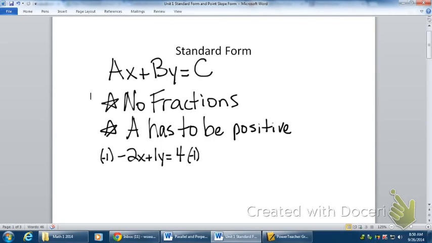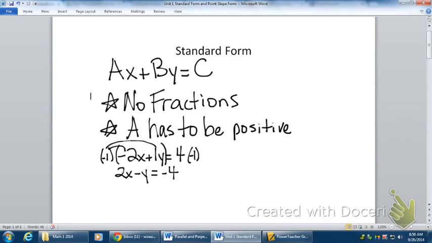Make sure you are multiplying not just -2x, but also 1y. You're distributing. So -1 times a -2x gives me a positive 2x. -1 times a 1y gives me a -y. And 4 times a -1 gives me a -4.